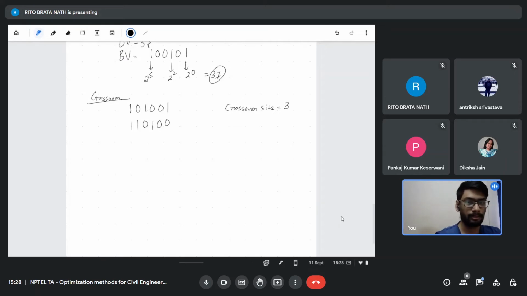In that case, what will be the newly generated solutions?